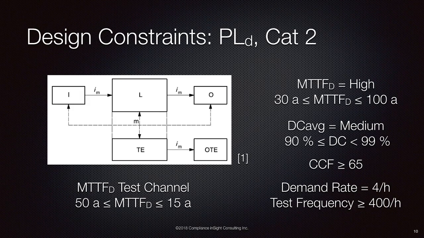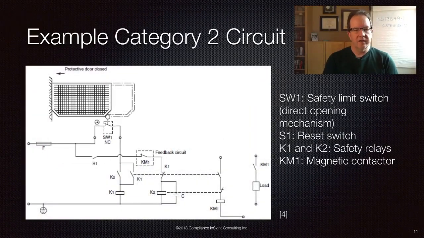So one of the fundamental things about categories B, 1 and 2 is that a single component failure can lead to the loss of the safety function. So if we look at the schematic diagram here, you can have a failure in SW1 cause a loss of the safety function. You can have a failure in K1, a failure in K2. If K2's coil goes open, then it's possible to have a loss of the safety function in there.